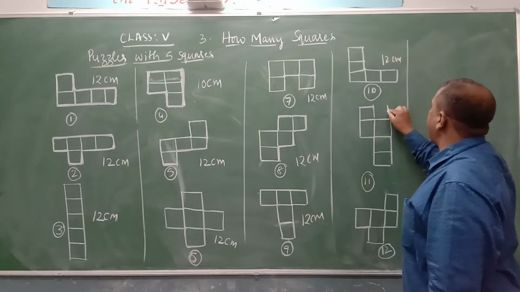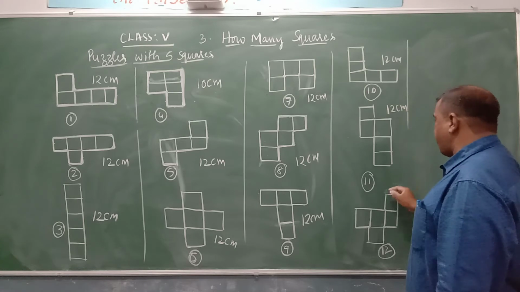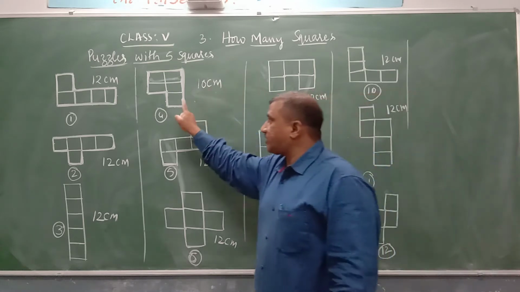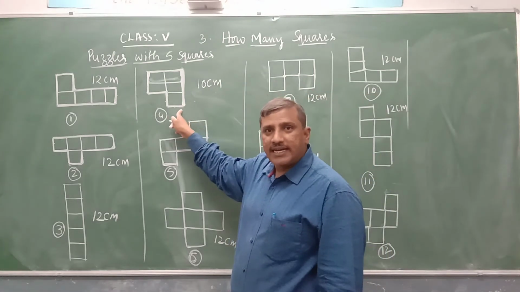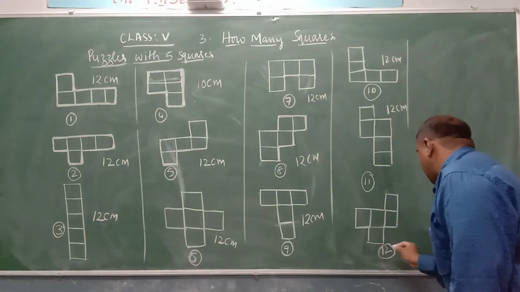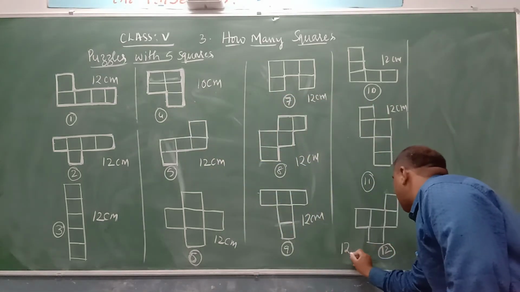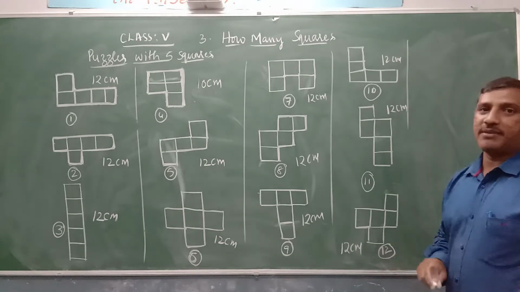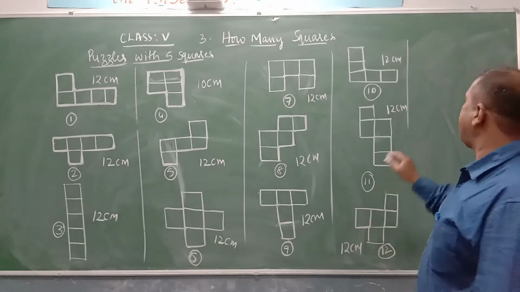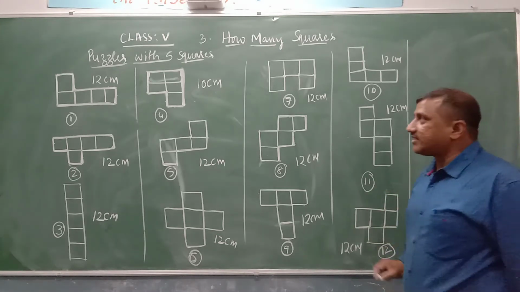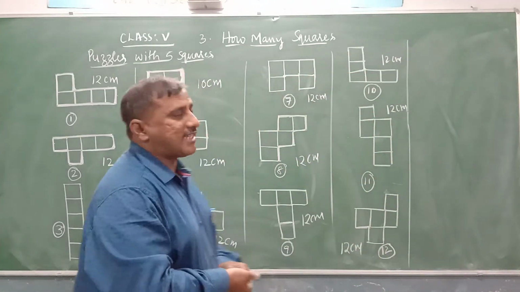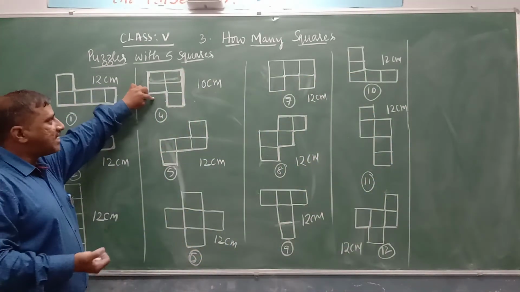It is 12 centimeters, except shape 4. See this shape, it has 10 centimeters. All the remaining shapes have the same perimeter, that is 12 centimeters. Except shape 4, it has 10 centimeters.